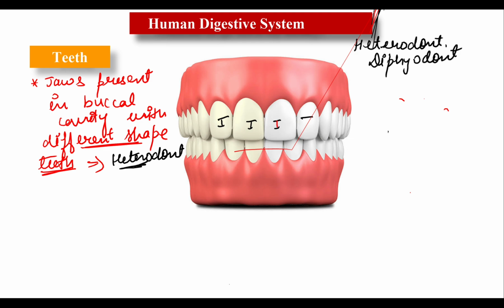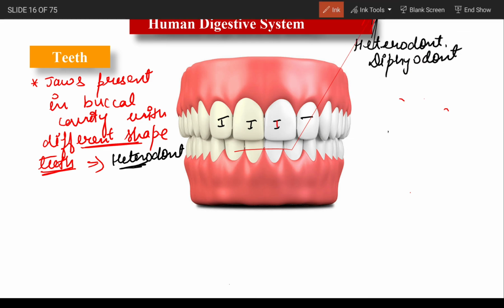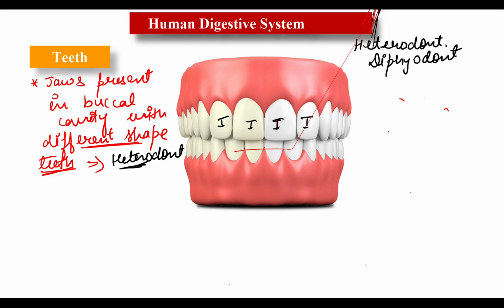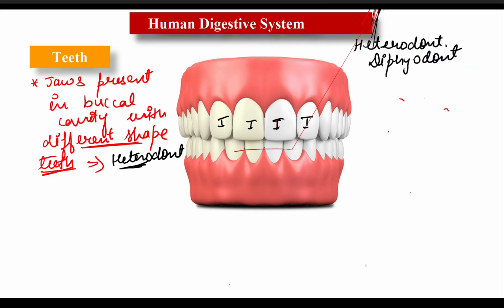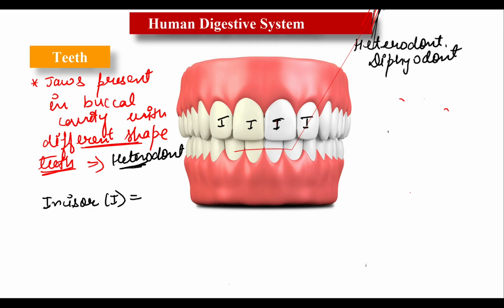Okay, beta, so we are talking about dentition. Here there is heterodont dentition. Heterodont means different types. So the first one is the incisor. Write down incisor. It is denoted by I. Now what is the function of the incisors, beta?